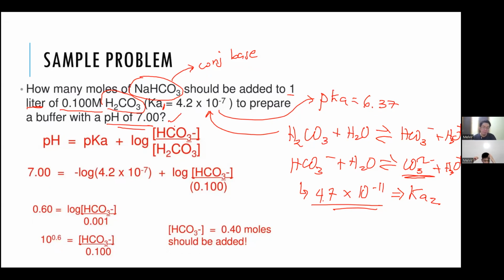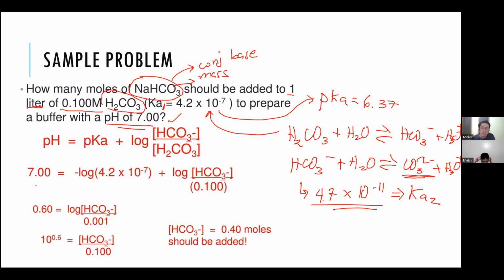So, with that, ngayon, ang tanong kasi dito ay, paano ka magpre-prepare nun, no? Meron kang 1 litro ng 0.1 molar bicarbonate, may Ka ka na, ang target pH mo ay 7. So, ang nawawala mo dito, mass nito. Yan ang hahanapin mo ngayon.